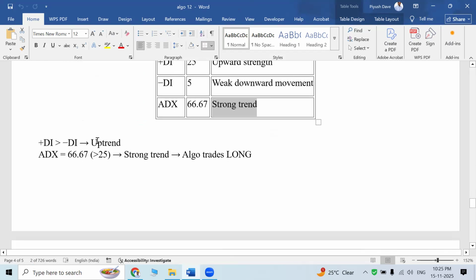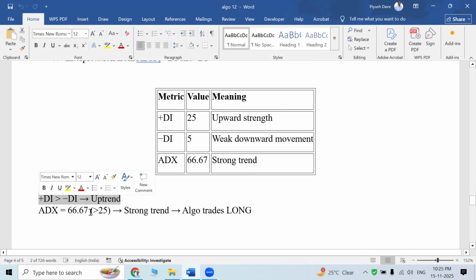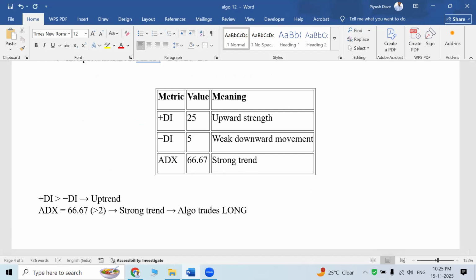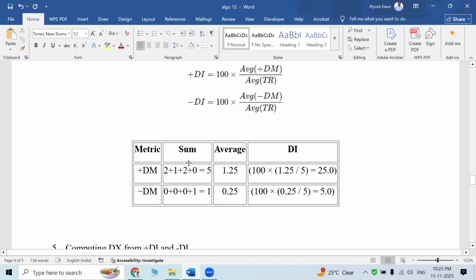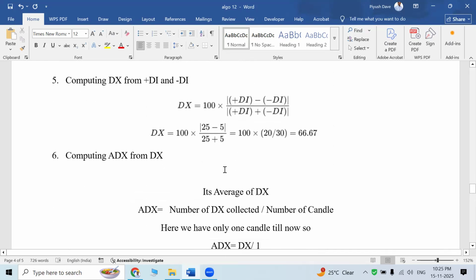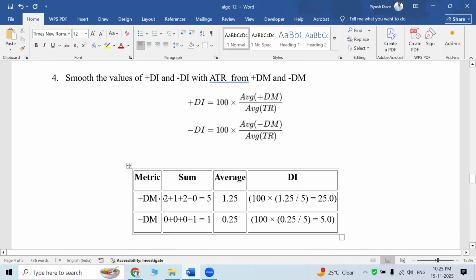Now similarly, suppose plus DI is greater than minus DI, then uptrend, and ADX is also about 20. For this we have considered about 20, then it's a strong trend, and a strong trend of long, because plus DI is more. You can see plus DI for this case, what we have calculated over here, is 25, and minus DI is 5.